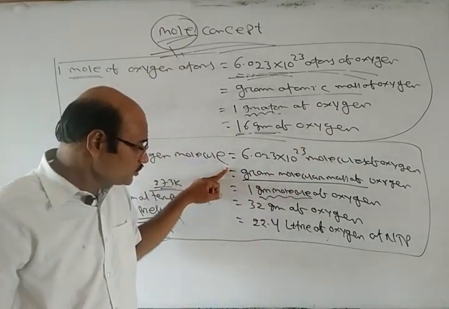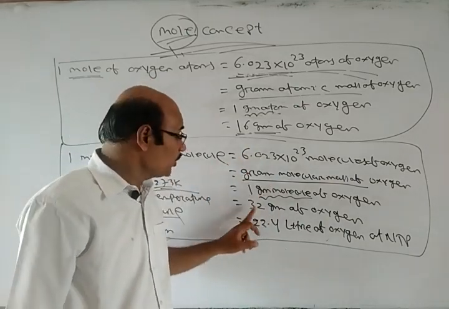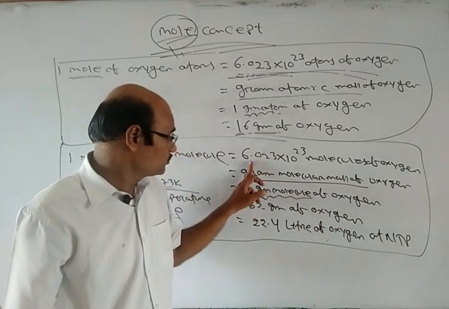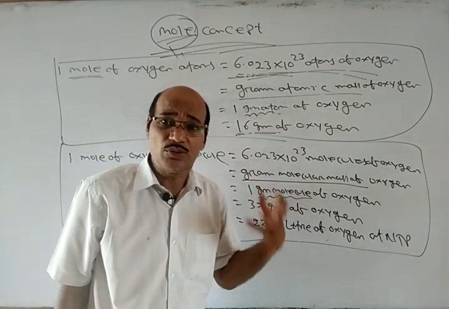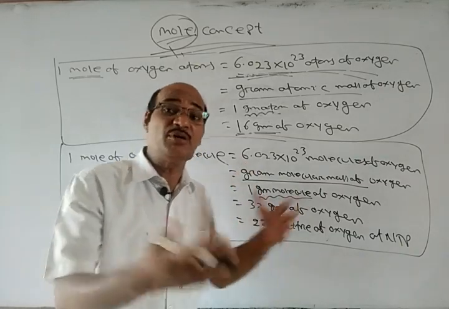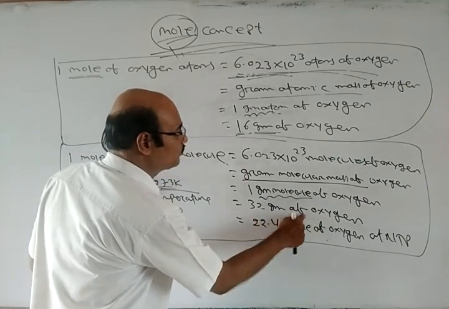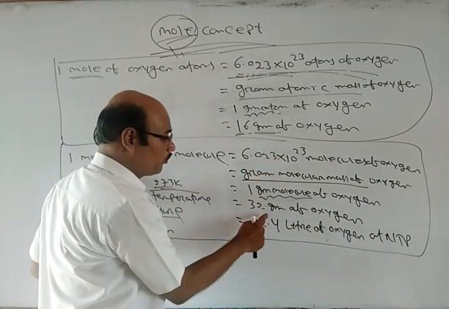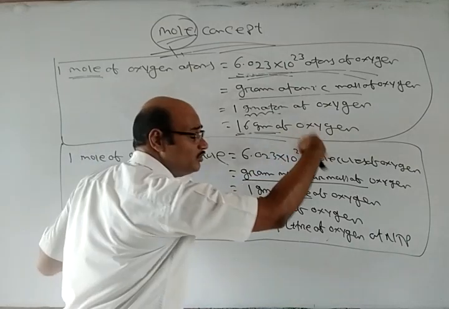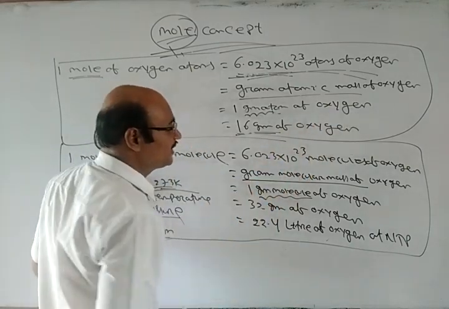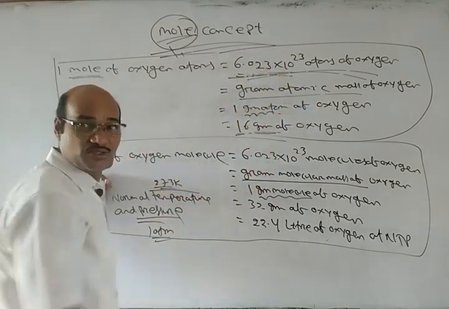Similarly, I can calculate the number of molecules from mass. Here 32 gram of oxygen is equal to 6.02 into 10 to the power 23 molecules of oxygen. If I take 320 gram of oxygen, 32 gram of oxygen equals this many molecules, so 1 gram equals this divided by 32, and for 320 gram, multiply by 320. We get the answer of 6.02 into 10 to the power 24 molecules of oxygen.